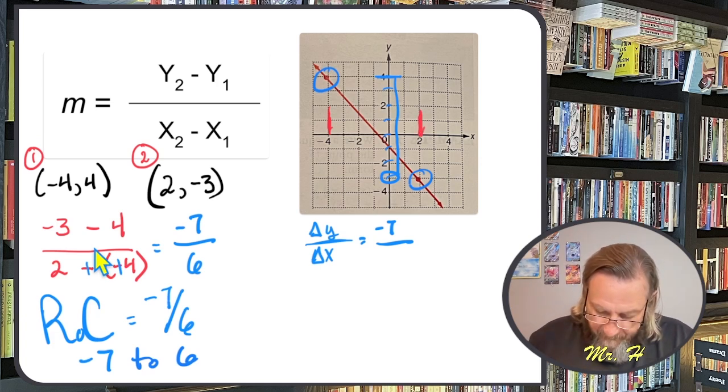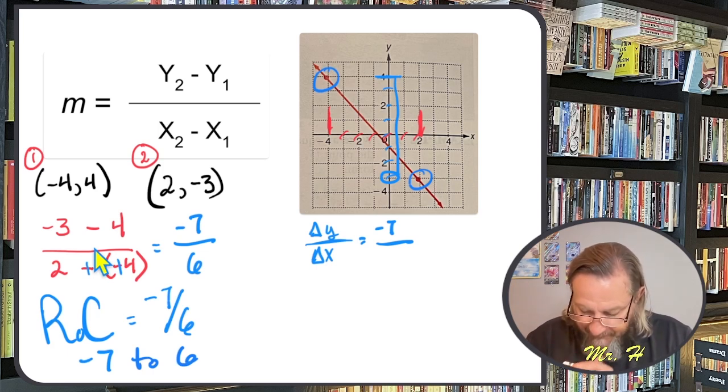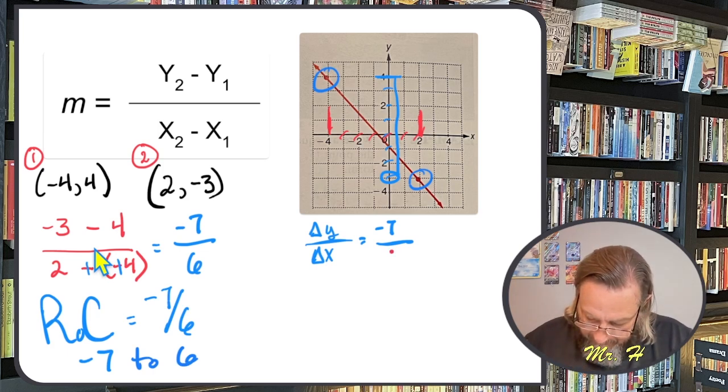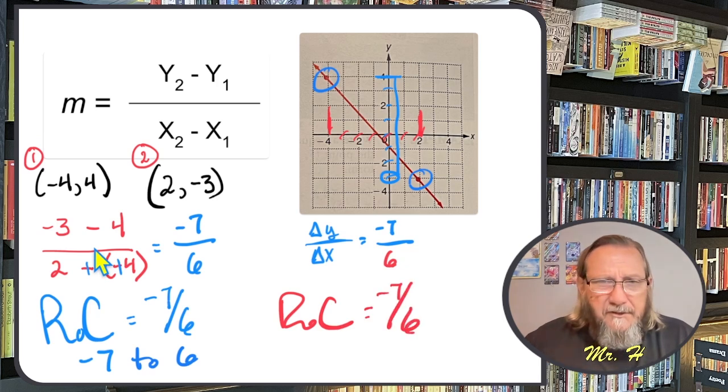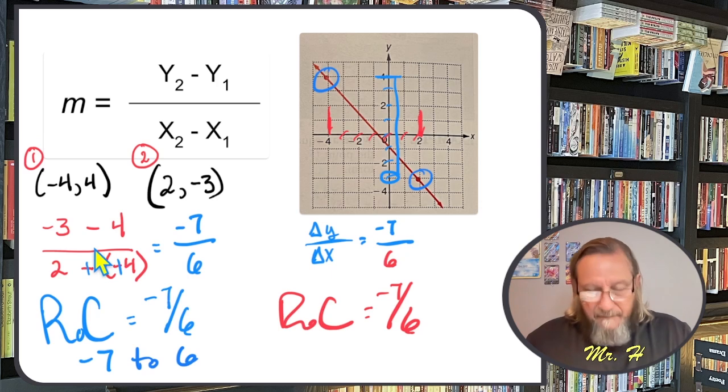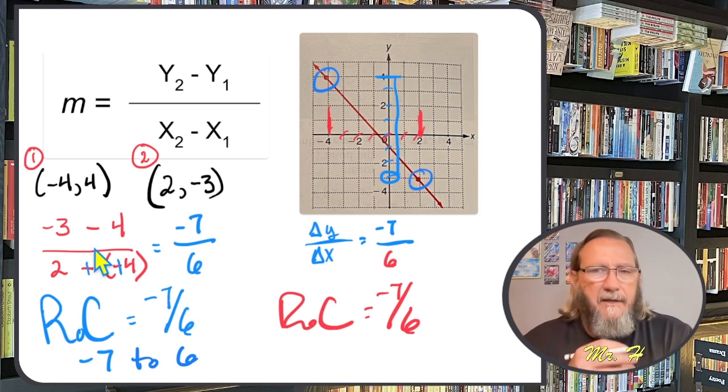How far is that? 1, 2, 3, 4, 5, 6 to the right. So that is a +6. And look at that. Again, we get -7 over 6. So our rate of change is still -7 over 6. It's the same answer.